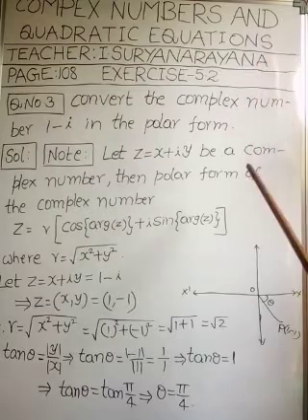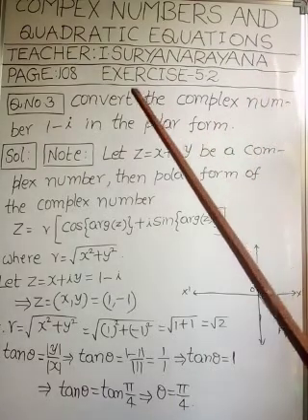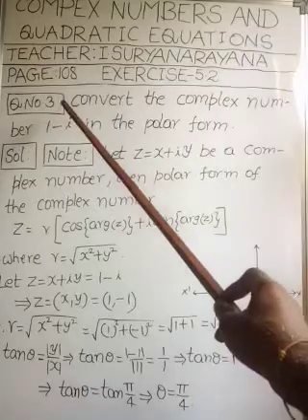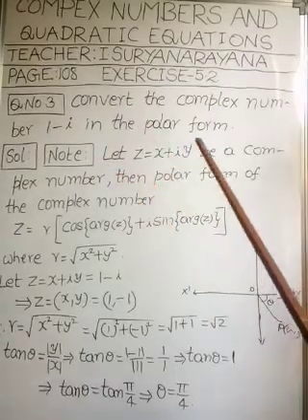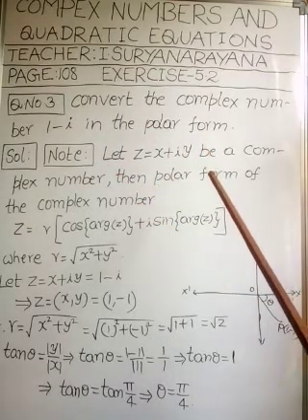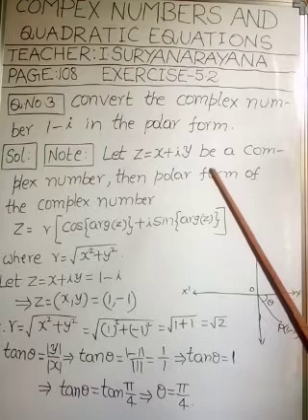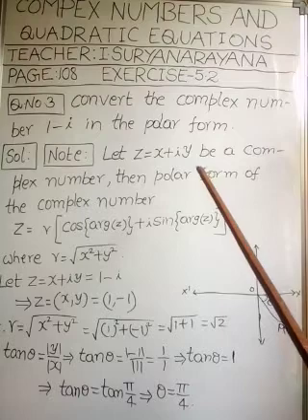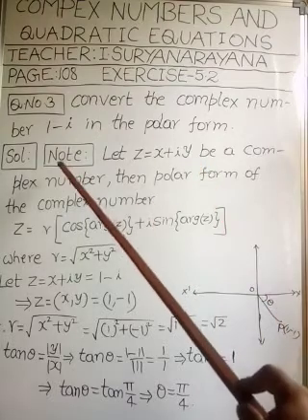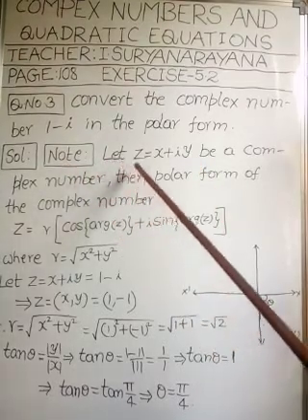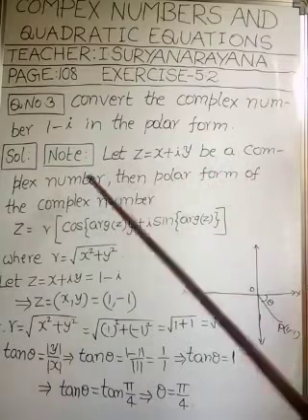I don't explain the remaining questions. I will explain question number 3. You try the remaining questions yourself. Okay, my children? Right. See, before solving question number 3, you should note this point. Let z is equal to x plus iy be a given complex number.